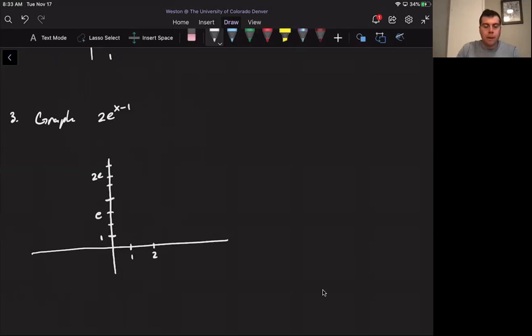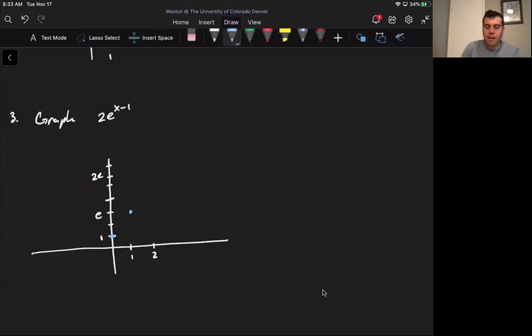All right, so maybe it'd be best to attempt to graph this one on your own, or at least try to start to find the important points of the parent function. All right, well, for the parent function, we of course want 0, 1, and then we want the base, which is now 1, e. And it's always fine when graphing to just put a tick mark and put e on there, so long as it feels consistent.